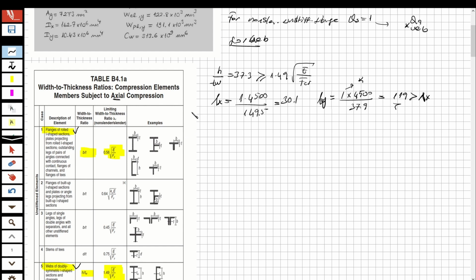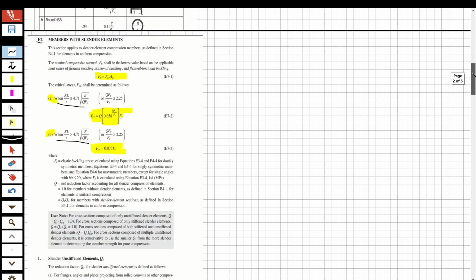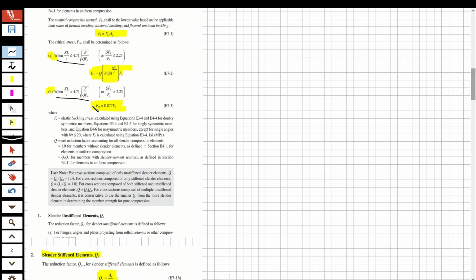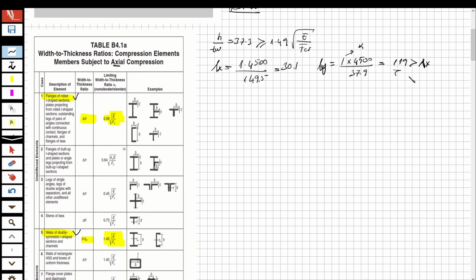So let's calculate FE, because I have to calculate the Euler buckling to calculate the F critical. FE is calculated as pi squared multiplied by the modulus of elasticity over the slenderness ratio squared.